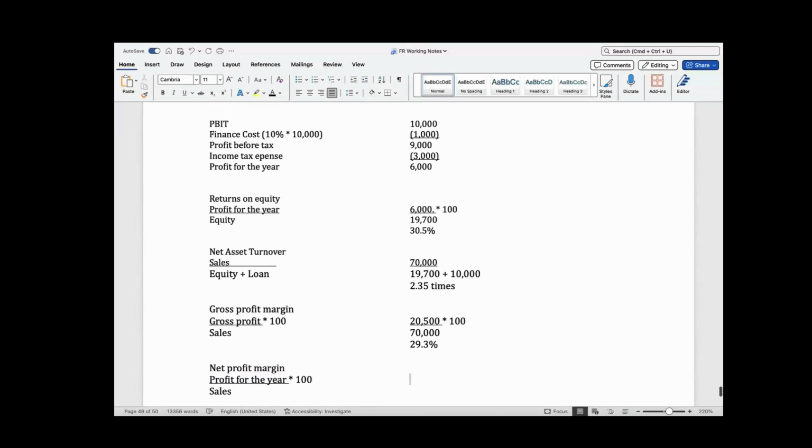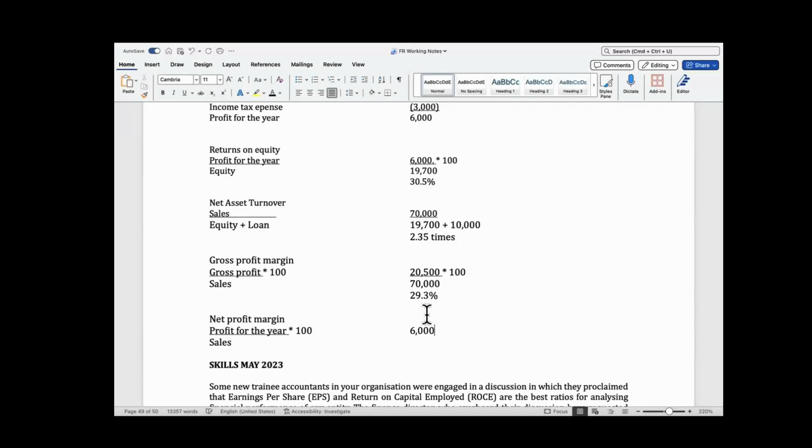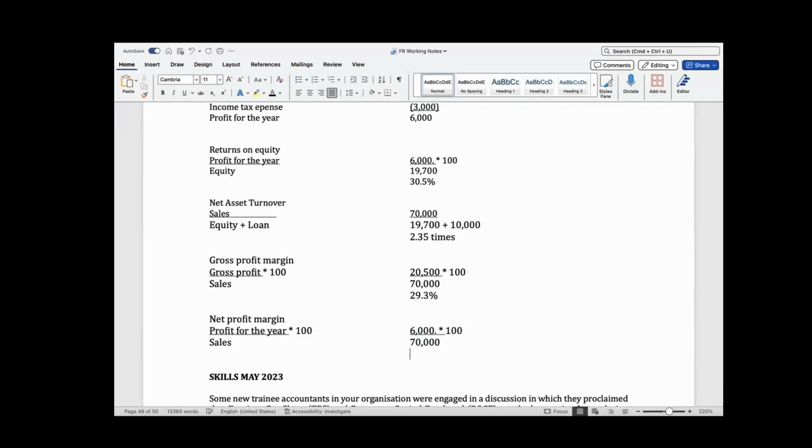So that will be profit for the year, which is 6,000 divided by sales, which is 70,000 times 100. What does that give us? 8.6%.